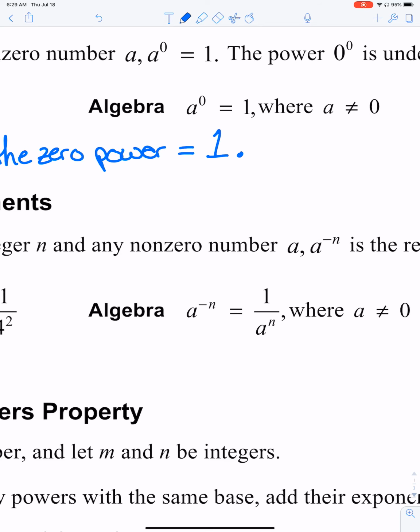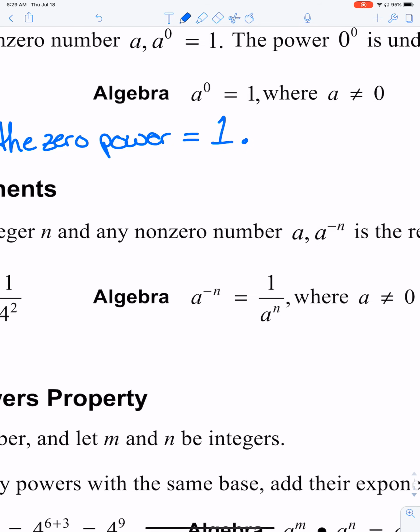So let's say we had negative 4 to the 0 power. 4 to the 0 power is 1, but you still have that negative out in front that you need to account for. Now if there were parentheses around the negative 4 to the 0 power, anything to the 0 power is just 1, and you do not now need to account for that negative.